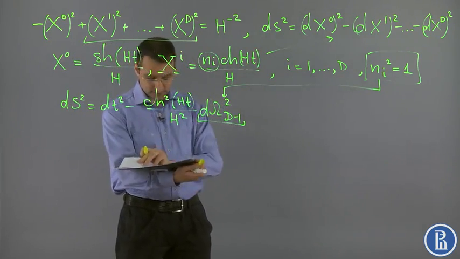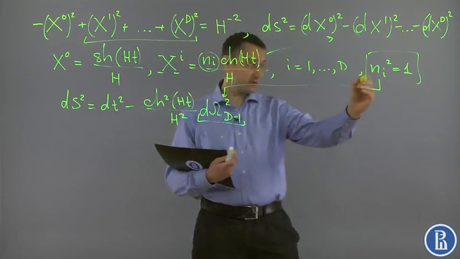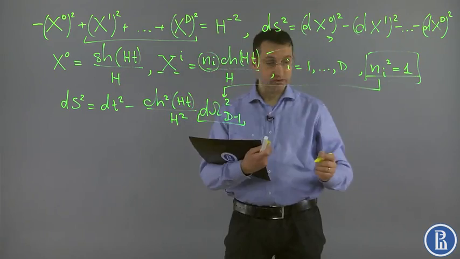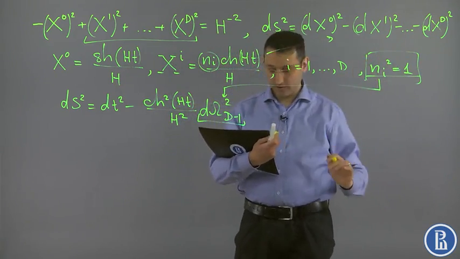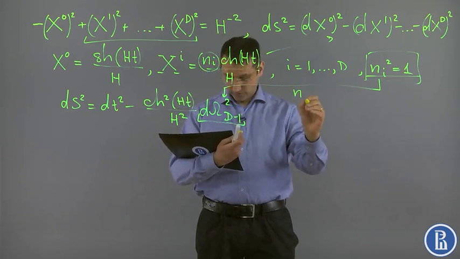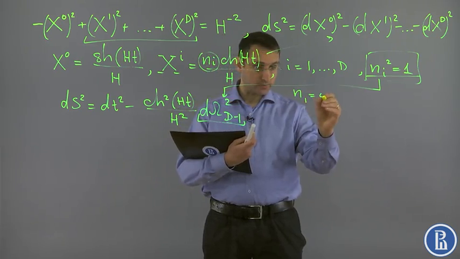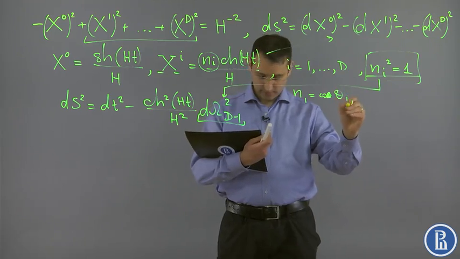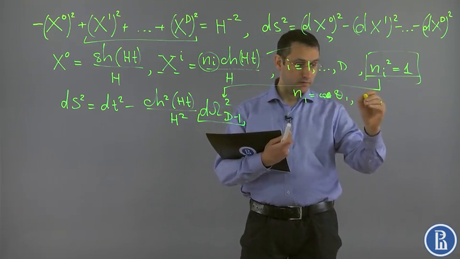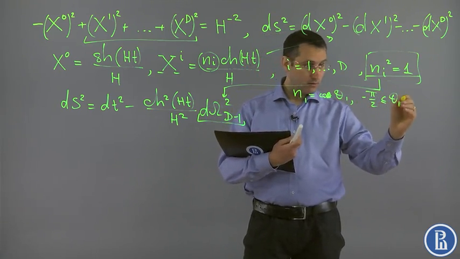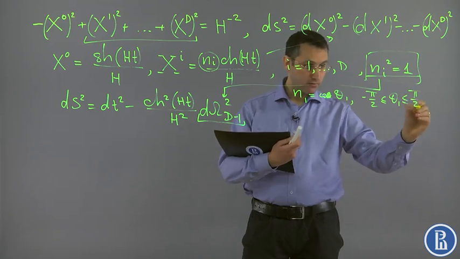This equation, which defines a d minus 1 dimensional sphere in d-dimensional space, can be solved as follows. We define n1 equal to cosine of theta 1, with theta 1 ranging between minus pi over 2 and pi over 2.